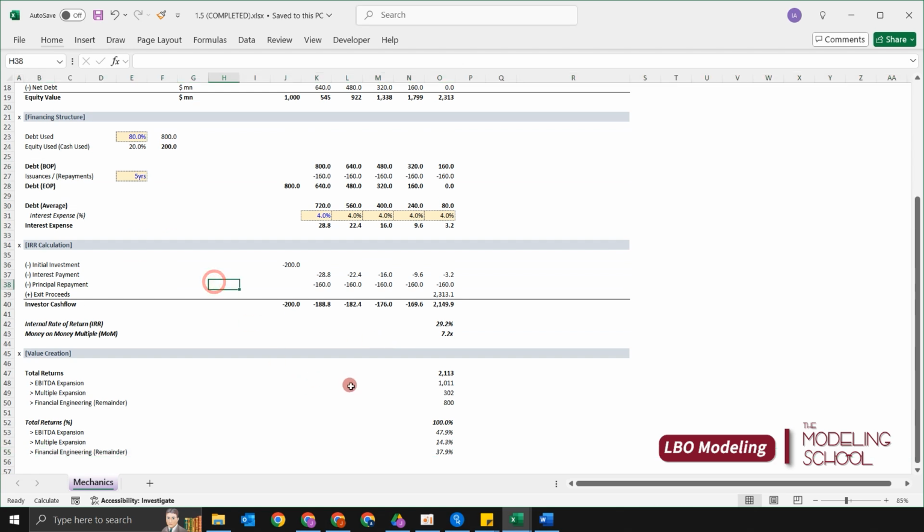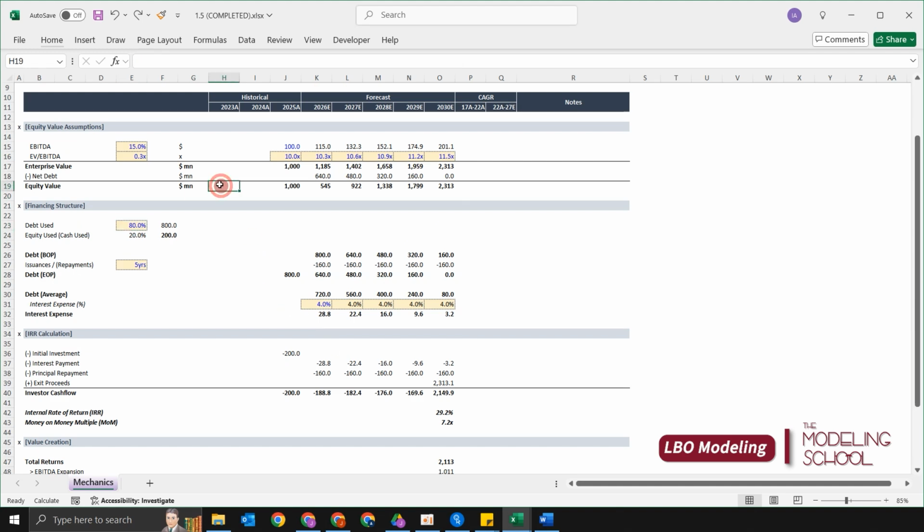Let's see if this works as well. Let's assume 0% debt used. So we are expecting this to change to 0. So no value creation from financial engineering. If we change this to 99% debt, it should be almost close to 1 billion.